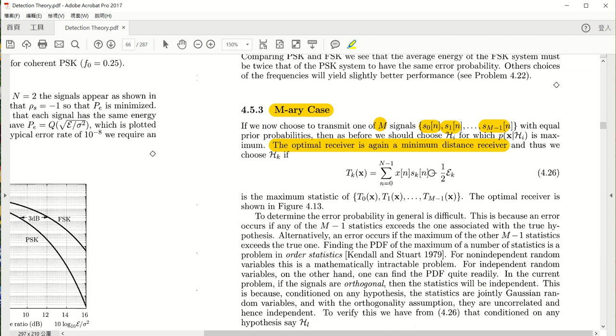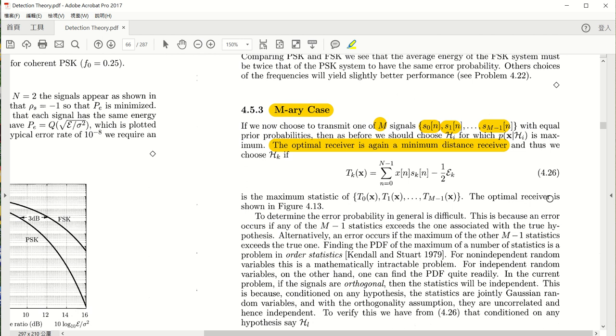But actually, it's not that hard. You can just write the probability density function out, and then take the common terms out, and eventually you get this as the test statistic. So we now come up with a set of T0, T1, all the way to T(M minus 1).